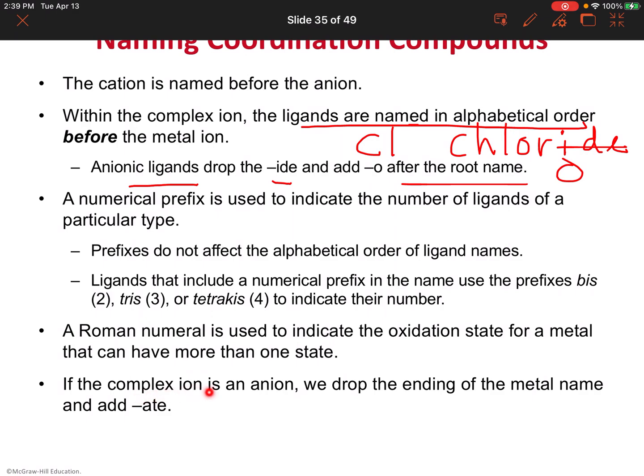If the complex ion is an anion, we drop the ending of the metal name and add "ate". If it is aluminum, we would say aluminate. If it is chromium, we would say chromate.